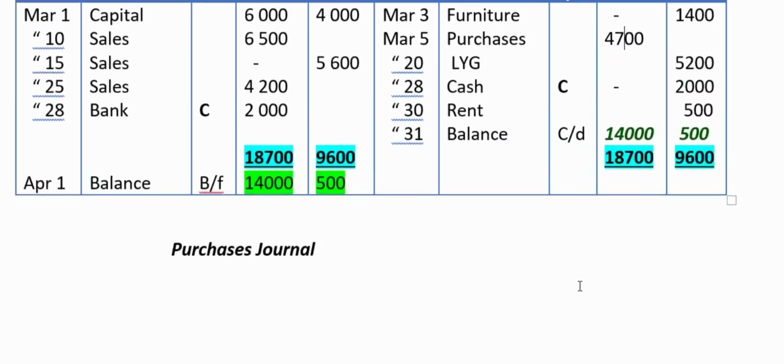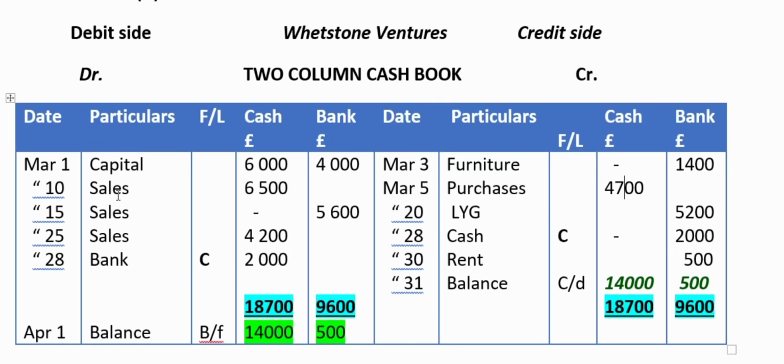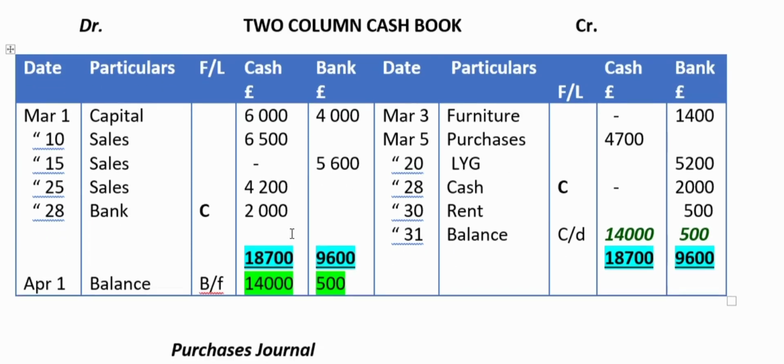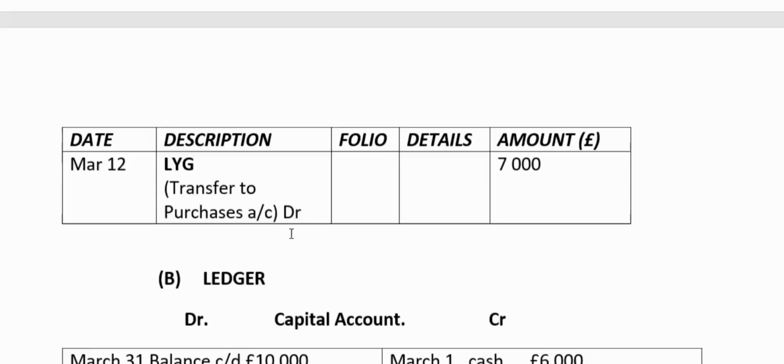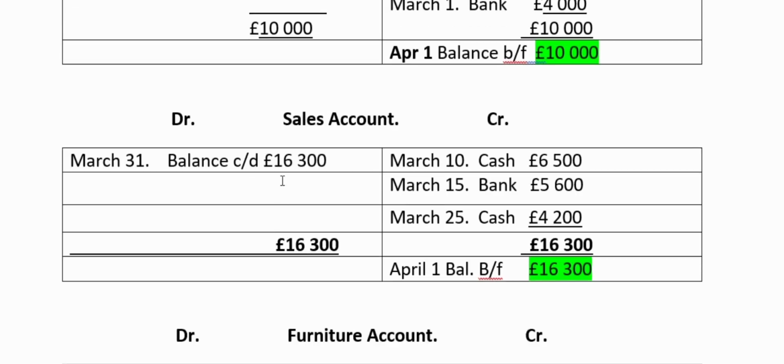The next item we have is sales. Sales, we open the sales account. We have how many sales? 6,005, 5,006, 4,002. So 3 items of sales will now go to the credit side of the ledger. So we prepare the sales account, everything recorded at the credit side to fulfill the double entry principle.